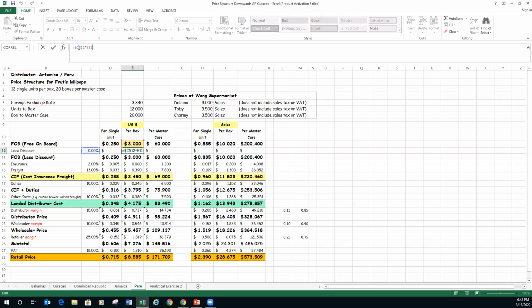And the reason you see a dollar sign in front of the C and in front of the 12 is because it keeps repeating. That way you can make sure that it's not gonna move from there. So let's say you're in the first one and you put the dollar sign in front of the C and in front of the 12, and then you just drag the formula.